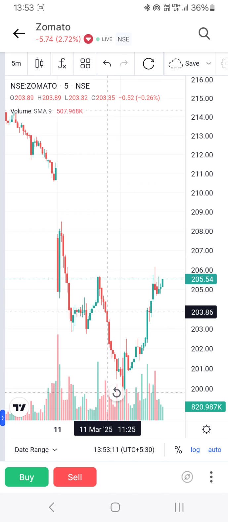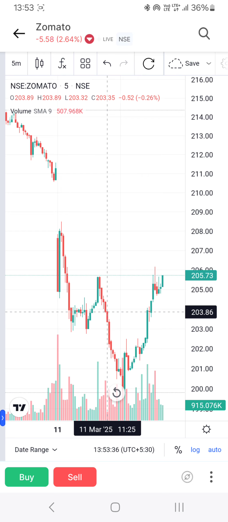I was quick at entry, because for this trade I had not thought of scalping. I had thought of positional trading. That is, I wanted to hold it for some days, so 2-3 rupees here and there doesn't matter in positional trading.